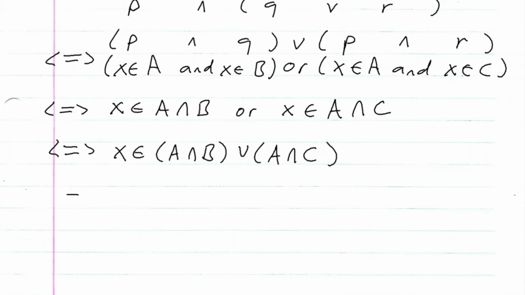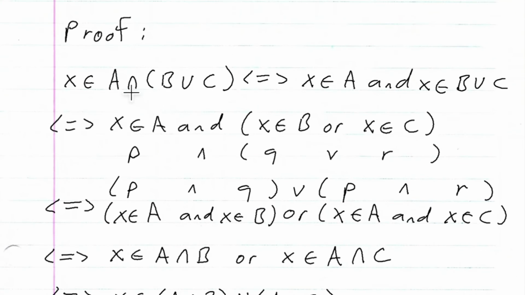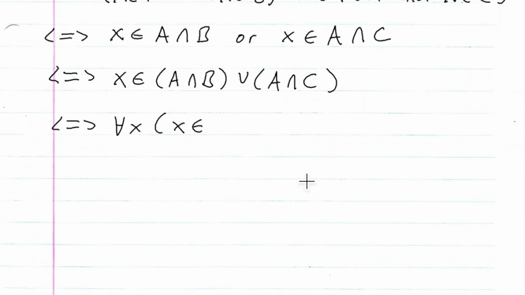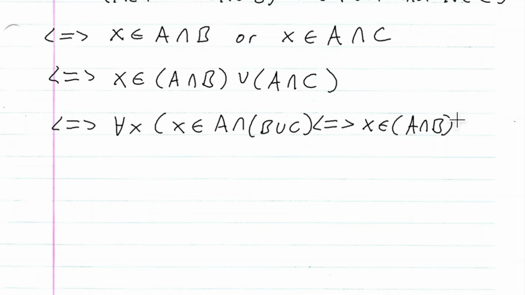So for every x, we have x is an element of A intersection (B union C) if and only if x is an element of (A intersection B) union (A intersection C).